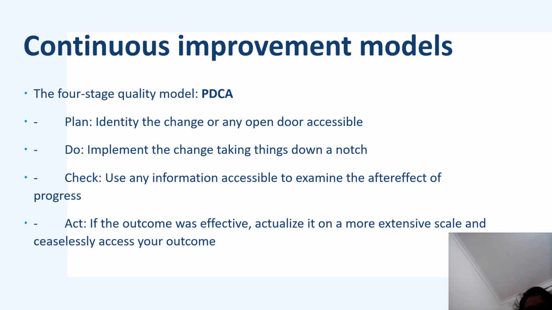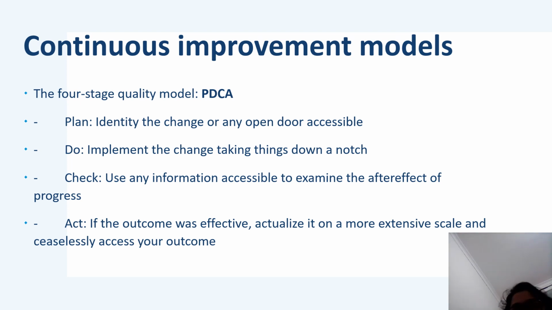The third section is check, in which they use any information which is accessible and examine the effect of the progress. Act is the last, fourth step, which includes whether the outcome was effective, and they implement it on a more extensive scale.